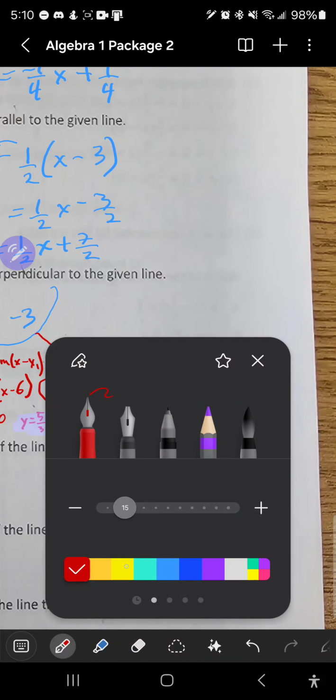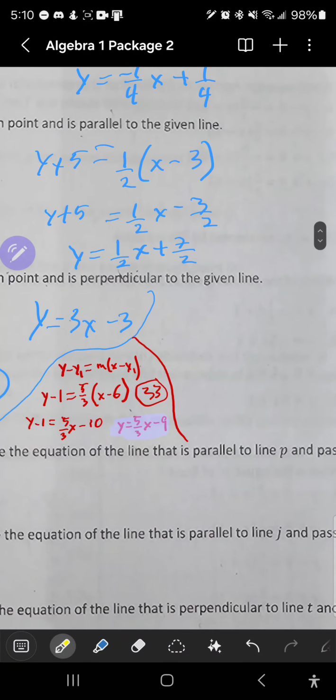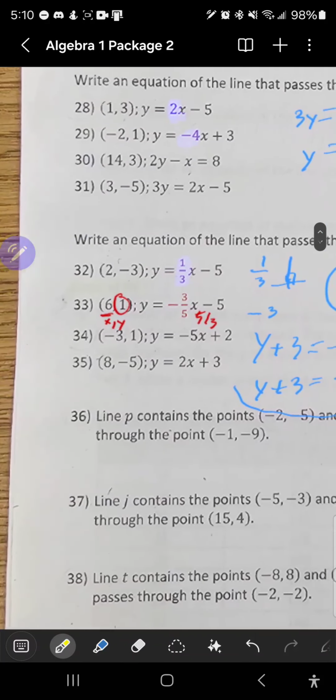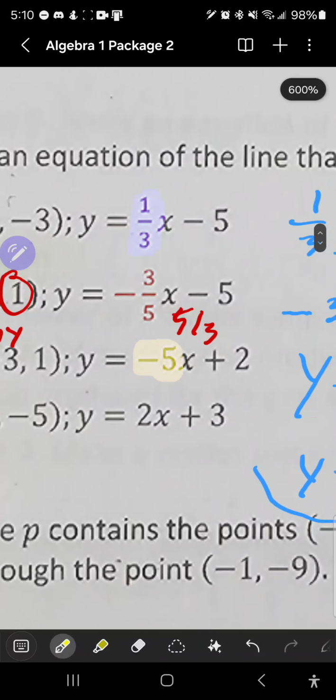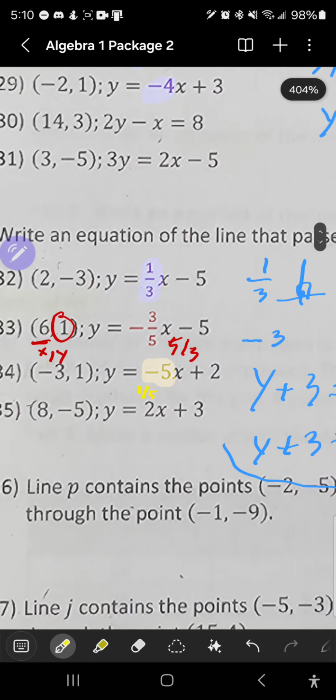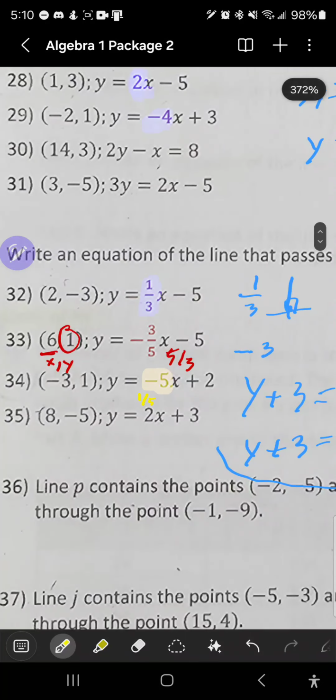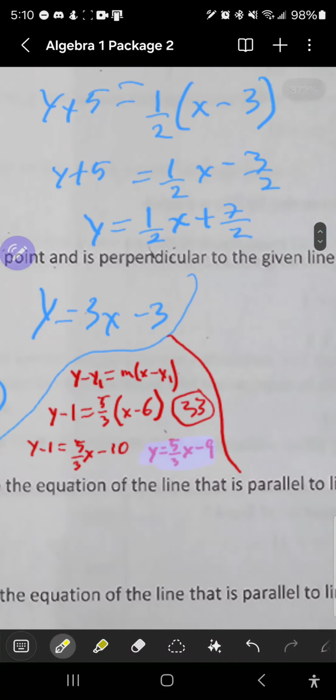Now for theory 4, I may use yellow. Theory 4, we come here, we see our slope is negative 5, our opposite reciprocal is going to be positive 1 over 5, since this is 5 over 1, so we just flip them, and we got our points.